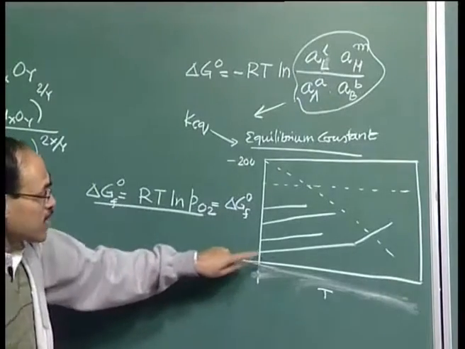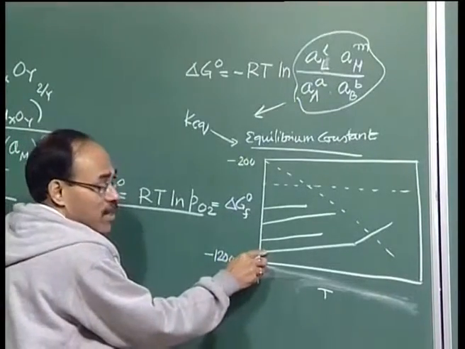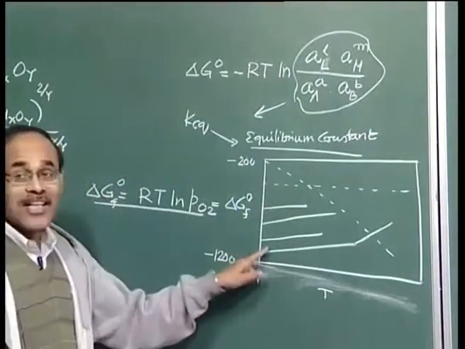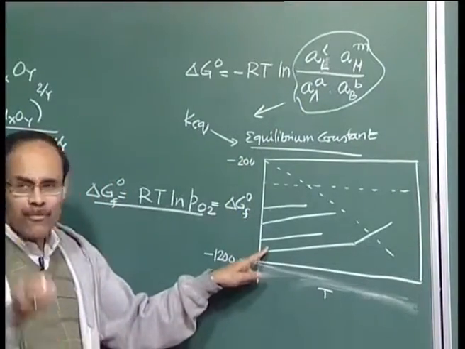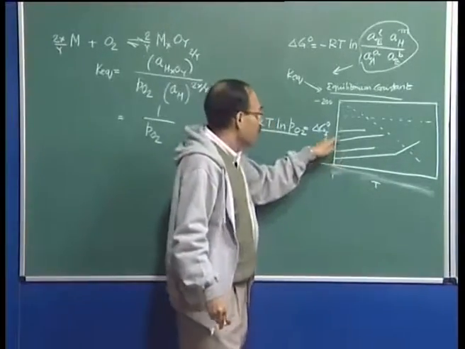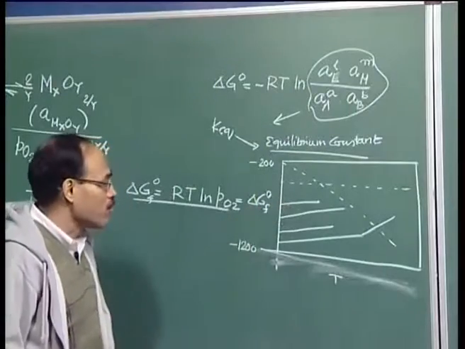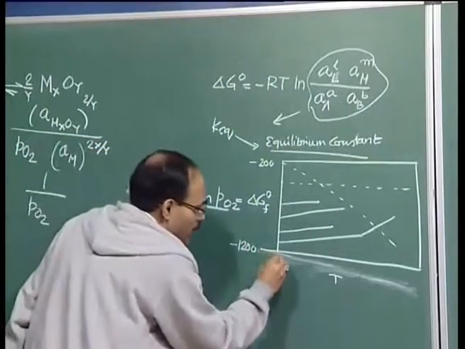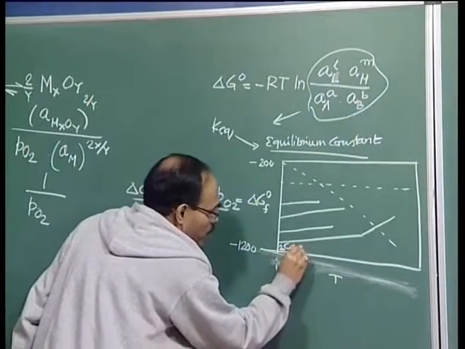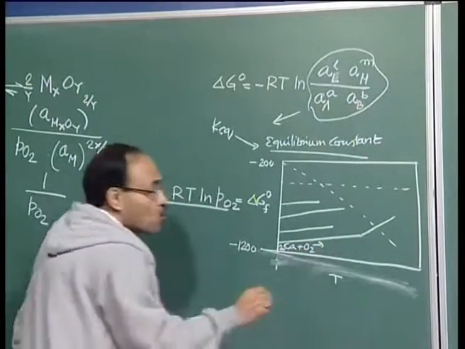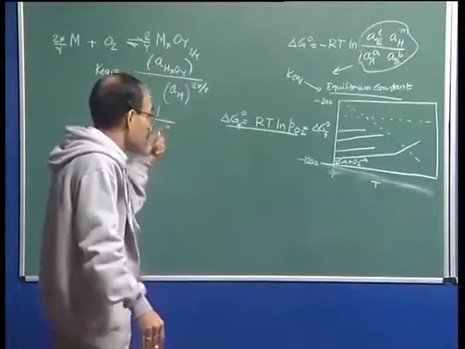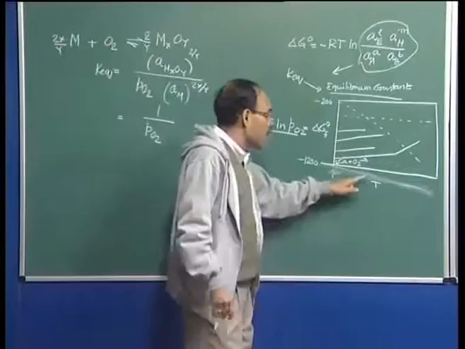So, therefore, this line indicates that the standard free energy change values are far more negative than this value, which essentially indicates that a very little amount of oxygen will be able to oxidize this metal. So, a very low line in the figure, for example, will be for 2 calcium plus oxygen, and note it so that we can compare the relative affinity of elements or the stability of oxides at a given temperature.